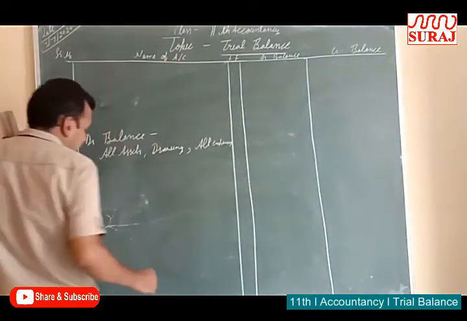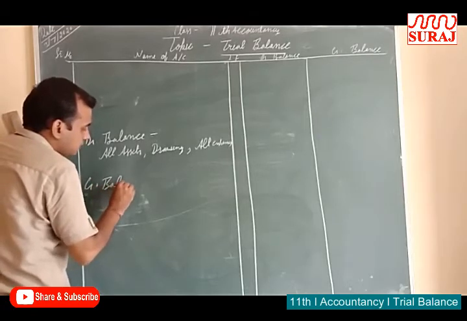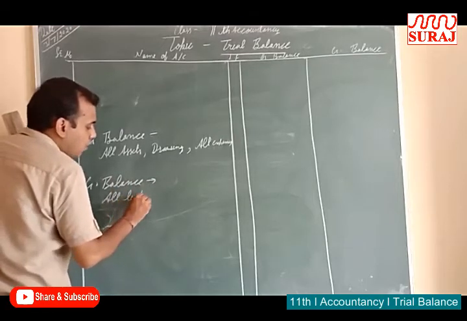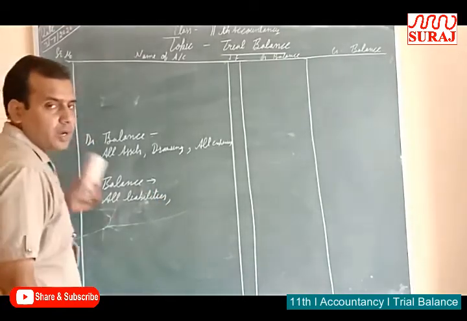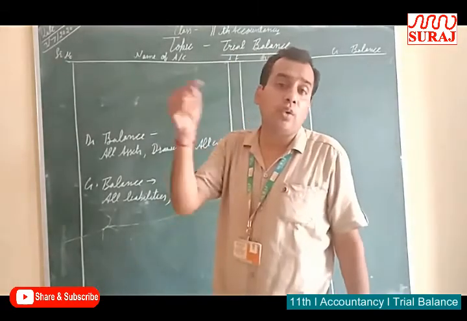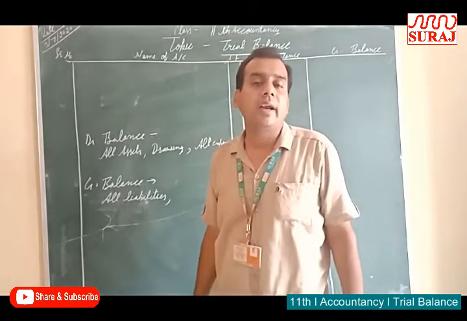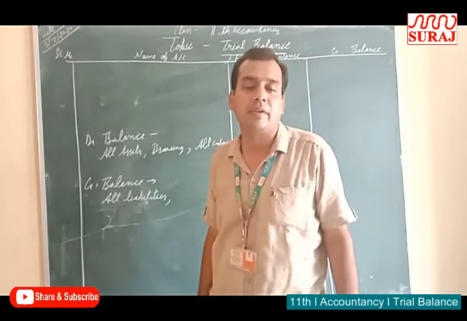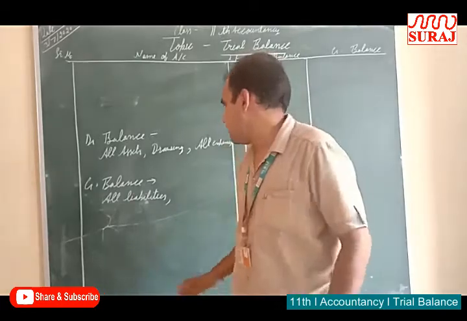Which accounts have a credit balance? All liabilities have credit balance, such as loan from any party, which is a liability, while loan to any party is an asset. Creditors, bills payable, outstanding expense, income received in advance, bank overdraft, etc. are liabilities and have credit balance.